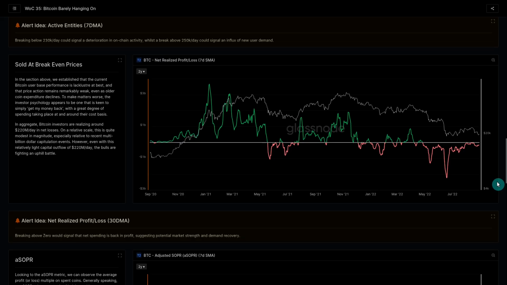Now, we also saw that exchange balances have not ticked higher this week. They actually ticked lower. So the way to think about this is we had a minimal amount of losses being realized, and we actually saw net coin demand out of exchanges. So really, the day-to-day price action and many of the macroeconomic factors, even within that daily trade volume, the weakness was in there.